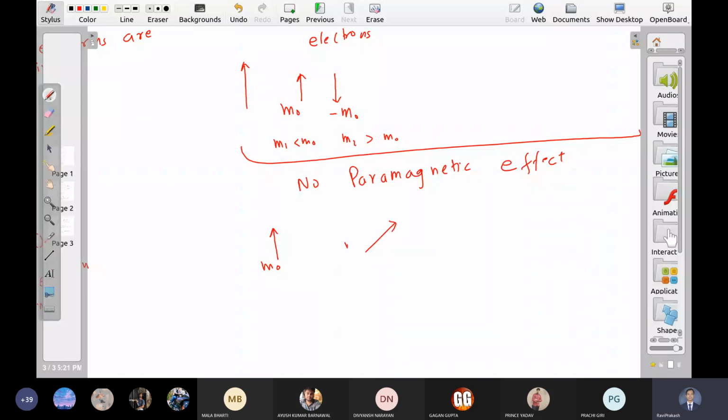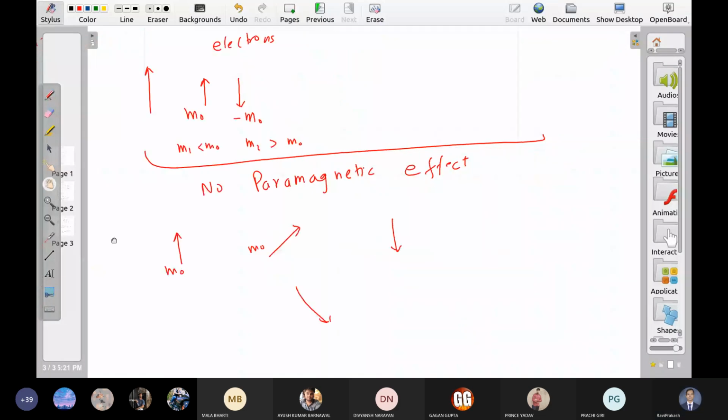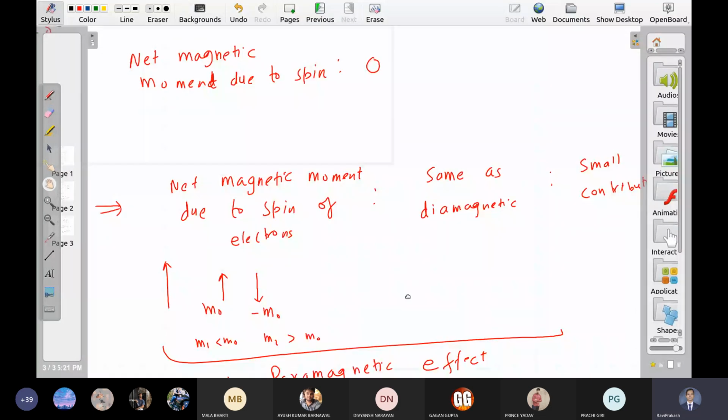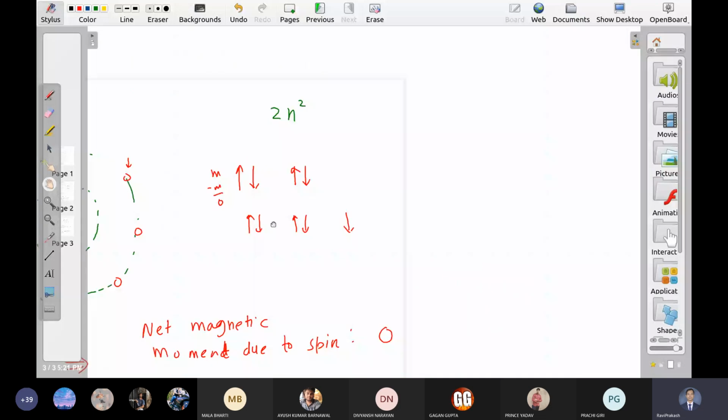What is the net effect? क्या net effect होगा? Net magnetic moment of one atom. In the previous case, magnetic moment of one atom was zero. एक एटम का जीरो था, पूरे सब्सटेंस का भी जीरो होगा.